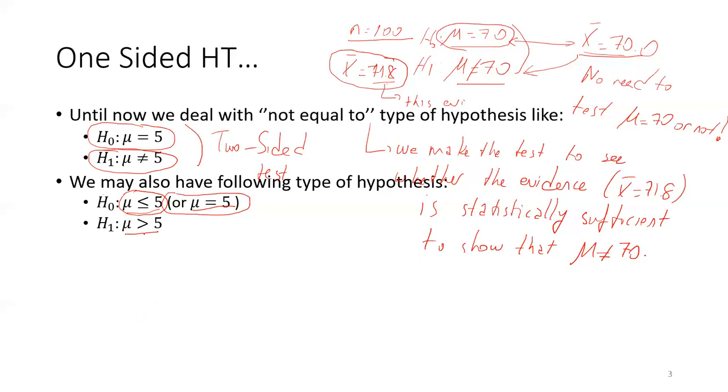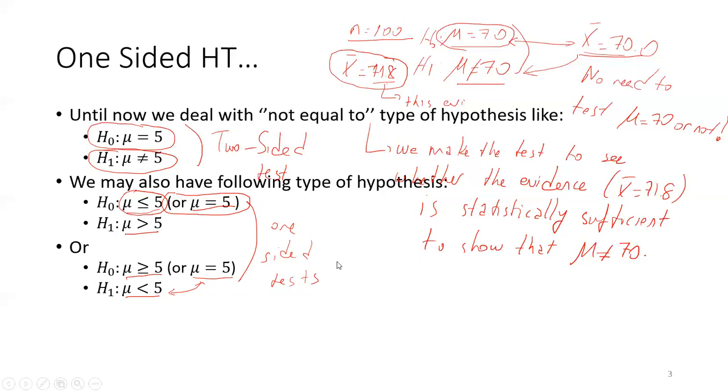Or we may have mu is greater than 5 versus mu is smaller than 5. Again, here you may just write mu is equal to 5 versus mu is smaller than 5. So these tests are called one-sided tests.